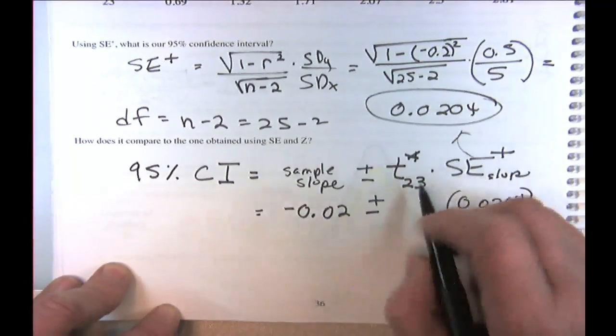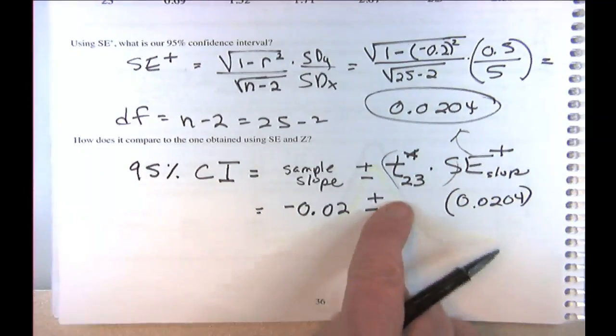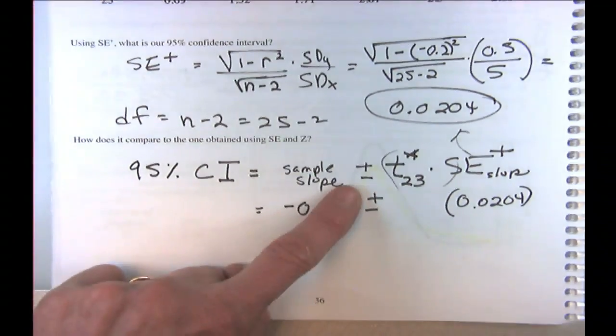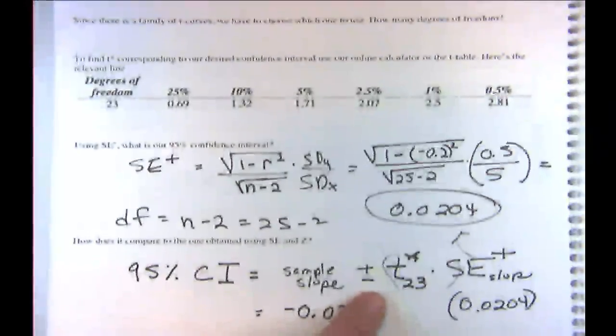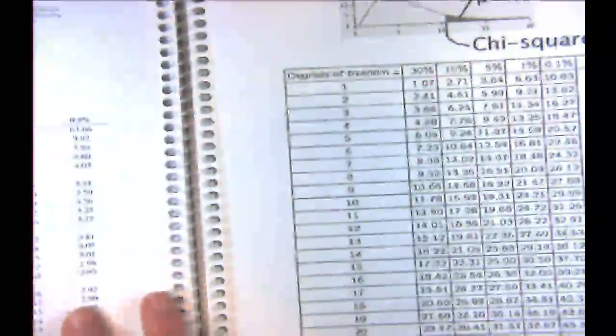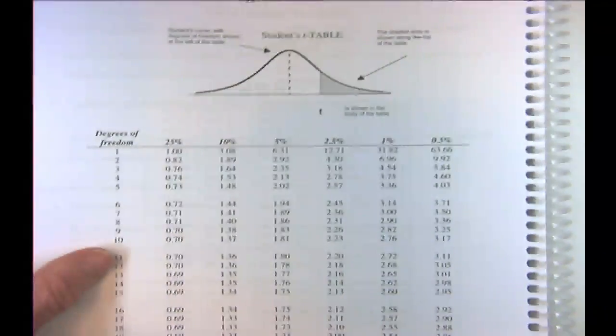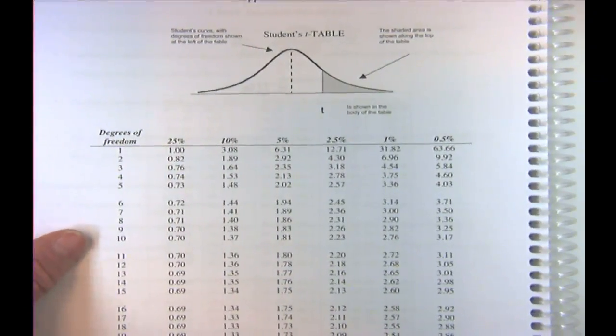So I just want to show you how to get this. I didn't include a symmetrical t distribution, so use the one from Stat 100. We didn't build these confidence intervals.